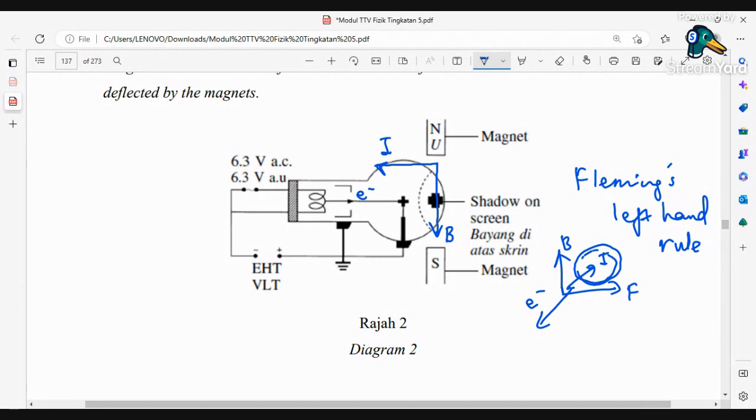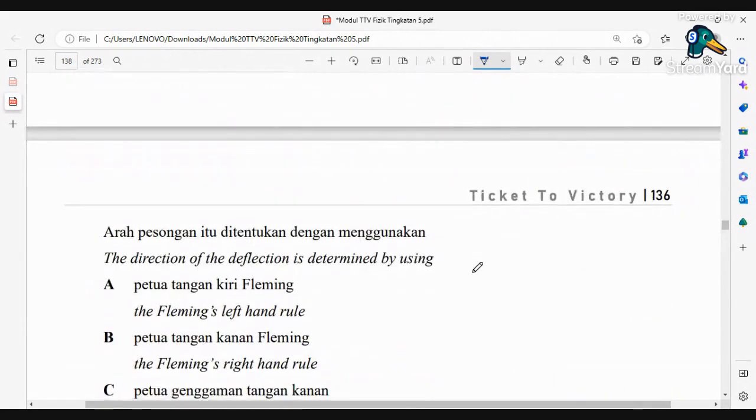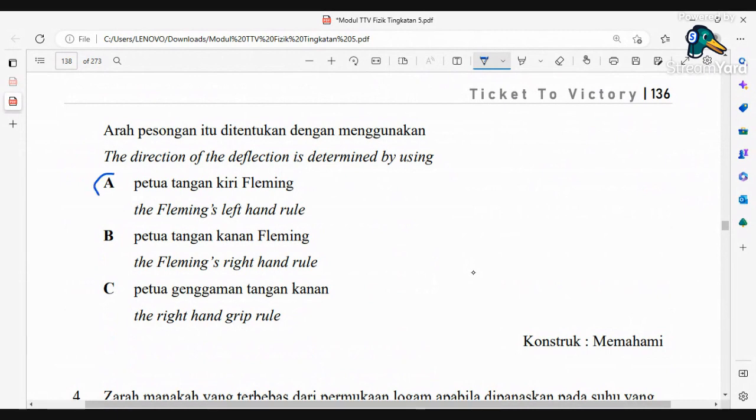So if you apply Fleming's left-hand rule, we can see the shadow will be deflected above and below, out from the screen. Okay. So for this one we use Fleming's left-hand rule.